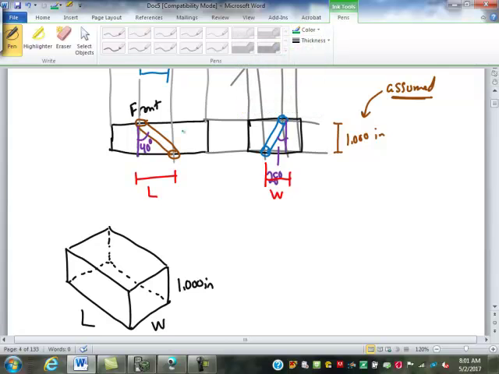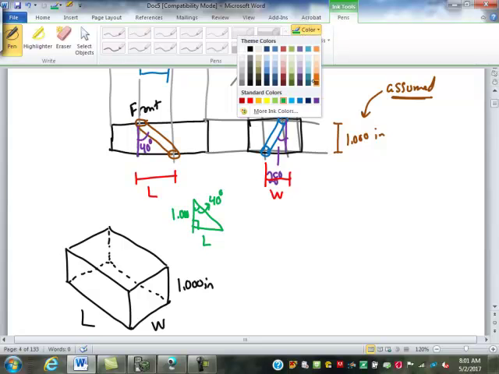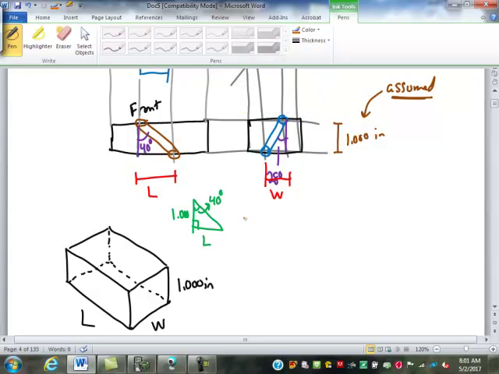So let's find L. Well, we have this triangle here. This is L. This is my 1 inch over here. And this is that 40-degree angle. What I have here is a tangent. Tangent of 40 degrees is equal to L over 1 inch.